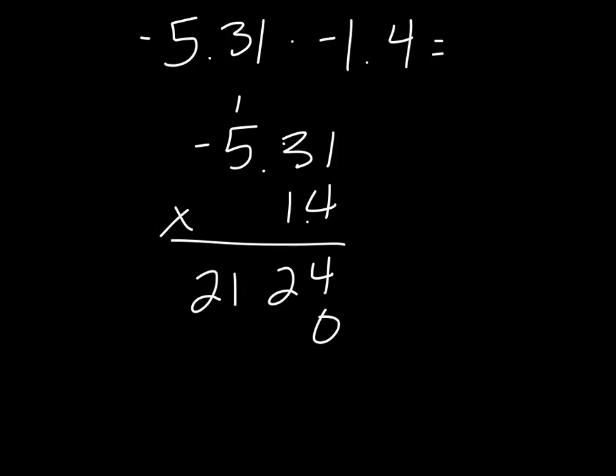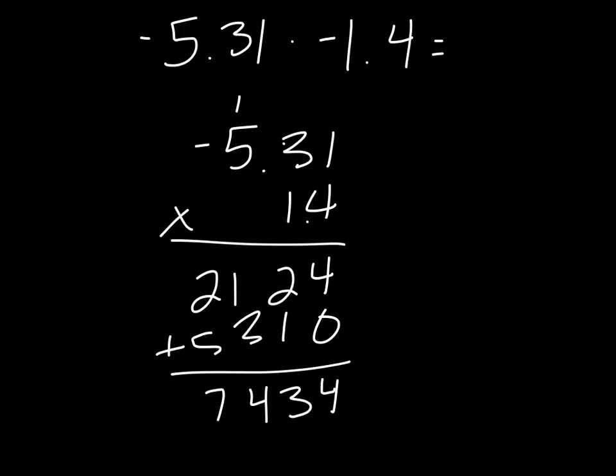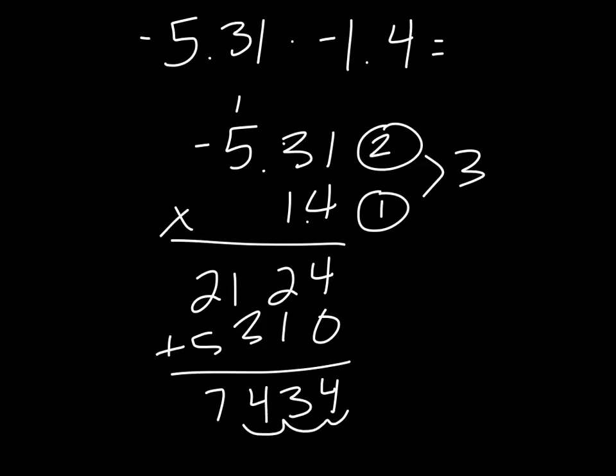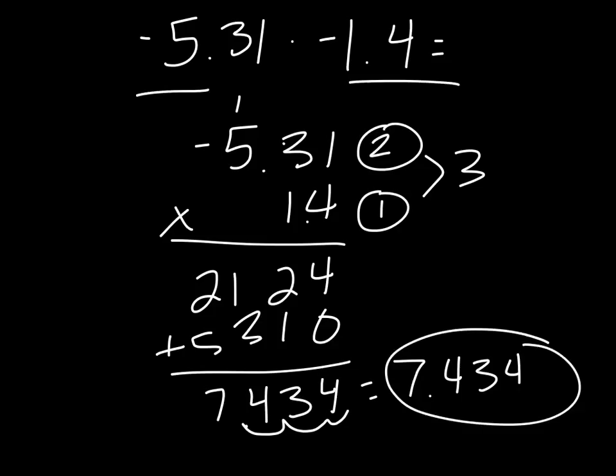Put a 0. 1 times 1 is 1, 1 times 3 is 3, and 1 times 5 is 5, and then we'll add. We have 2 decimal places here, 1 decimal place, so that's 3 total. 1, 2, 3. So our answer is 7.434. 2 negatives make a positive, so that's our answer.